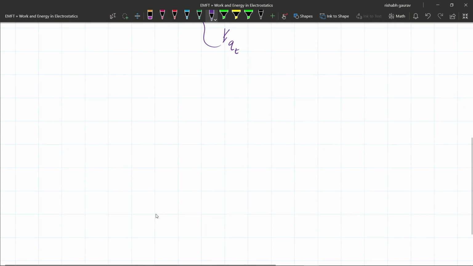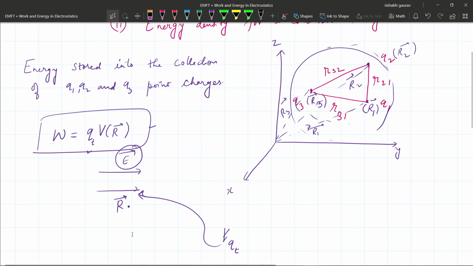Now let us start with, suppose that at infinity all the three charges are present, Q1, Q2 and Q3. Now let us bring the charge Q1 at the position vector R1.